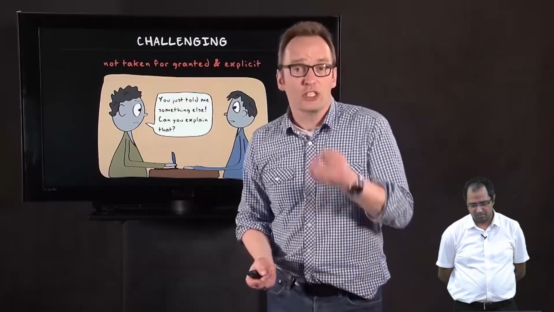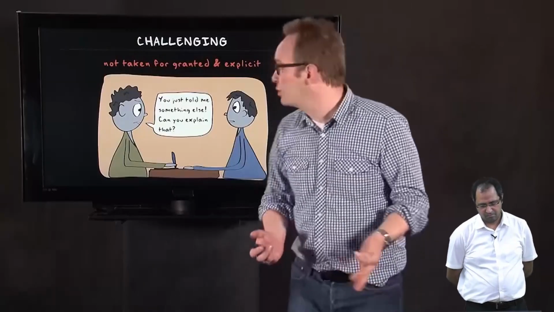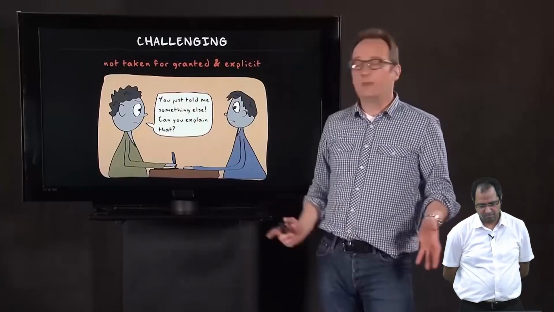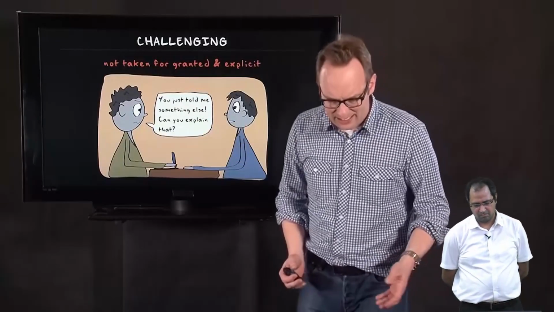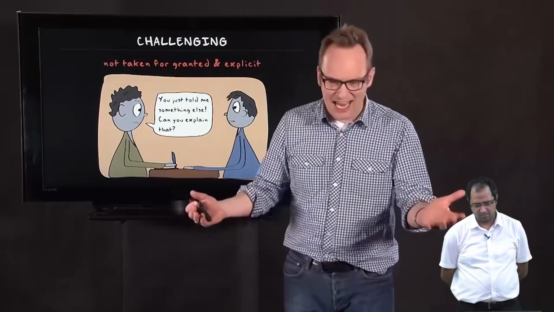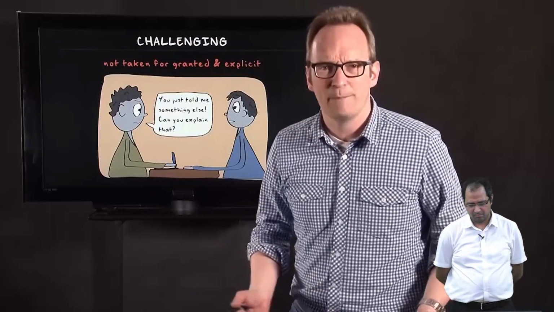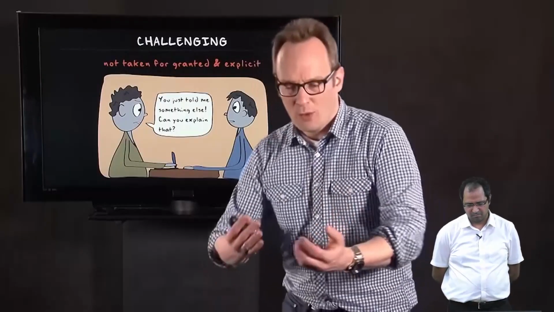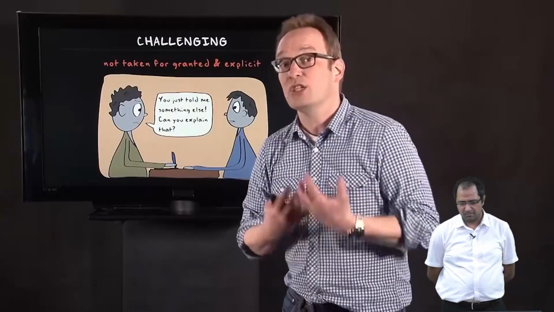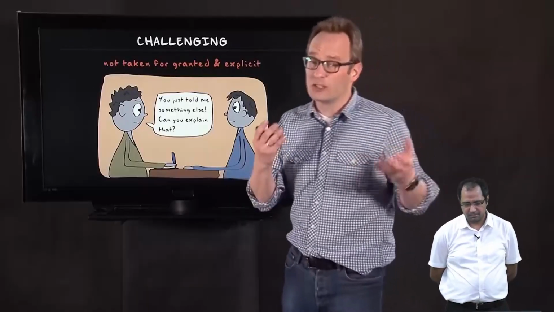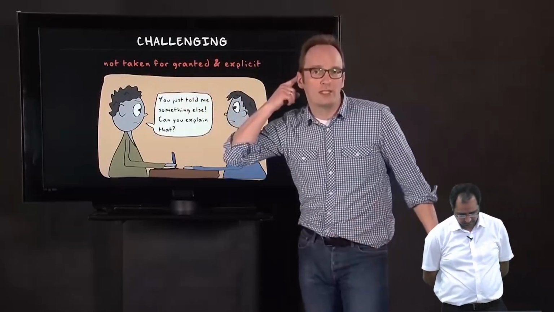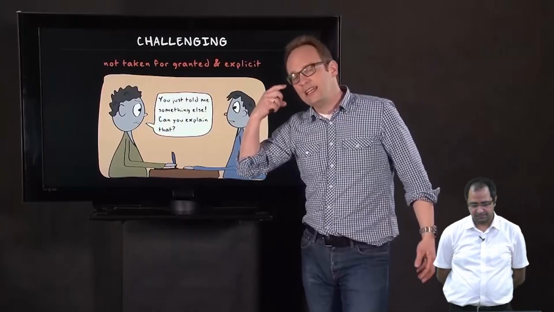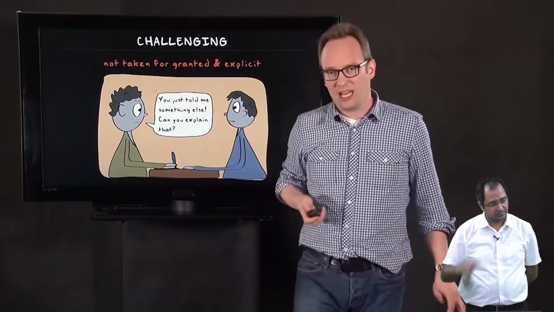You just continue questioning the respondent. For instance, you just told me something else. Wait a second. First you said this, and now you say that. Could you explain it to me? Well, why? What do you mean with this? I didn't get it. When you use sentences like this, you show that you take the answer seriously, but not for granted. And that's the third tactic I looked at.